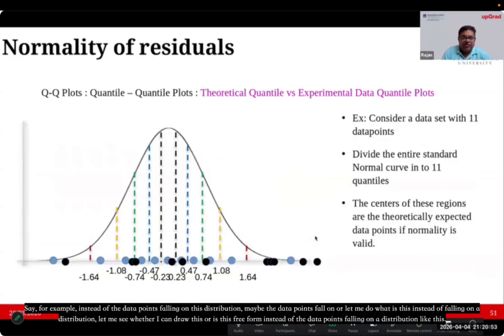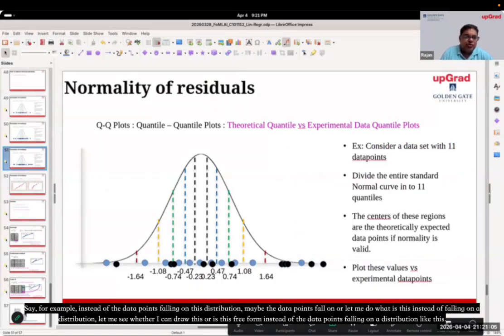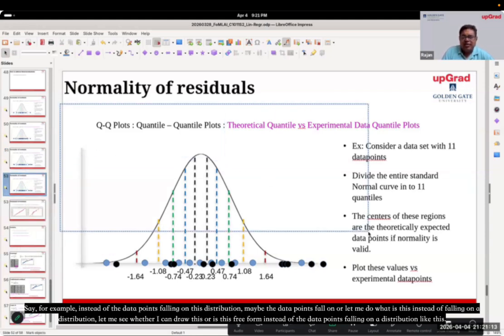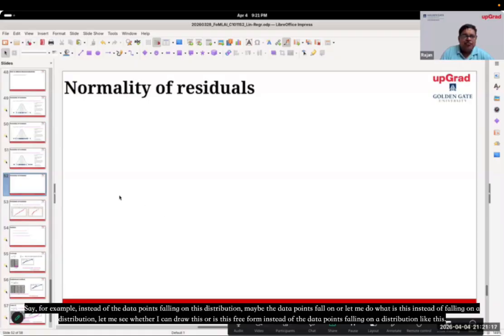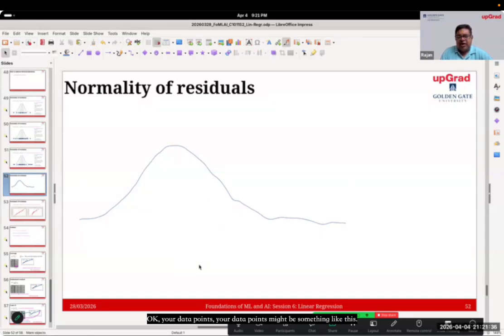Say, for example, instead of the data points falling on a distribution like this, your data points might be something like this.